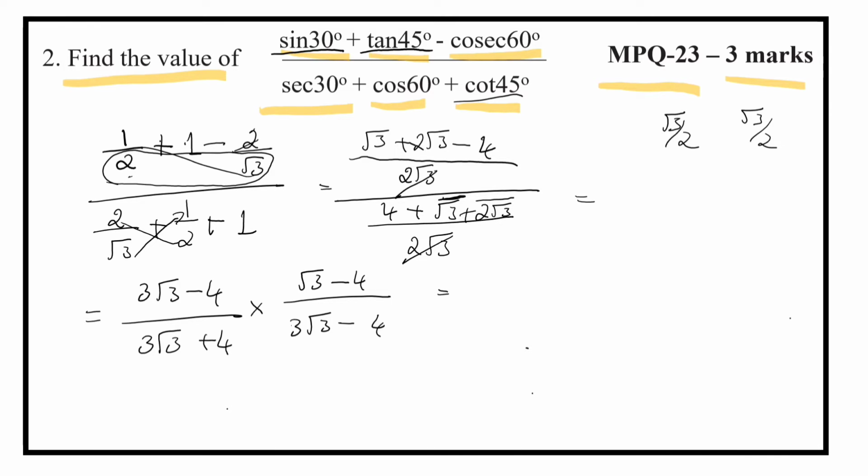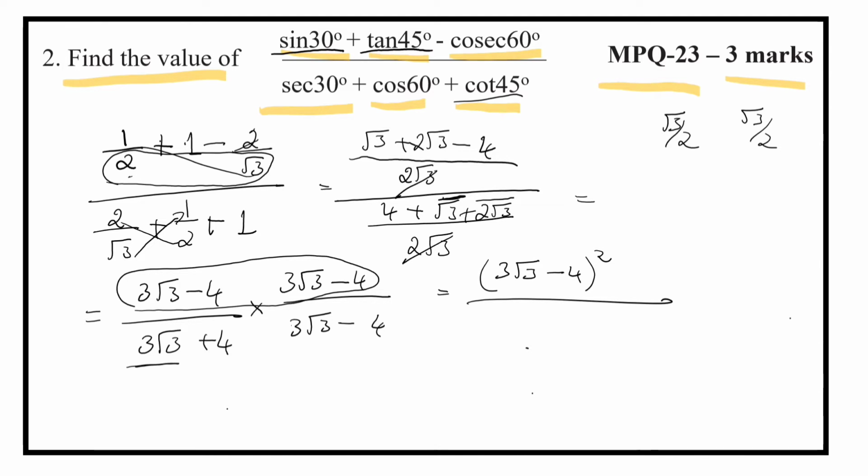Now in the numerator, it is (3 root 3 minus 4) the whole square. In the denominator we can use a square minus b square, because it is in the form of (a plus b) into (a minus b): (3 root 3) whole square minus 4 square.